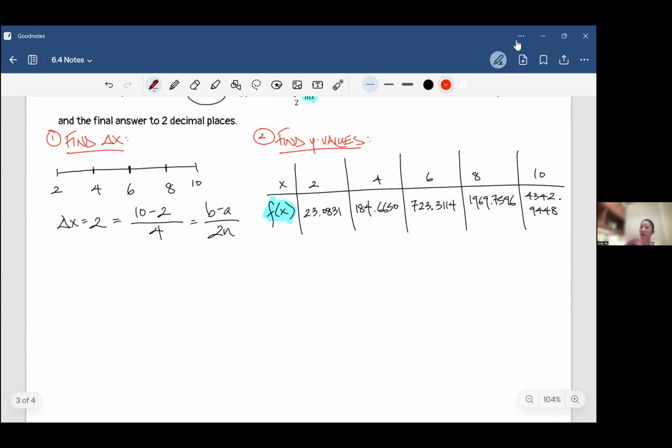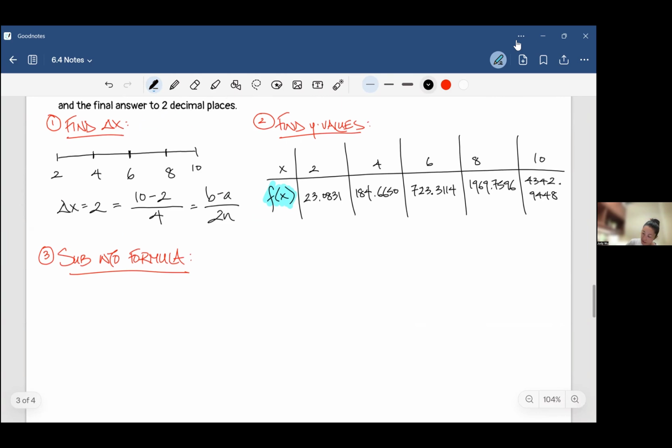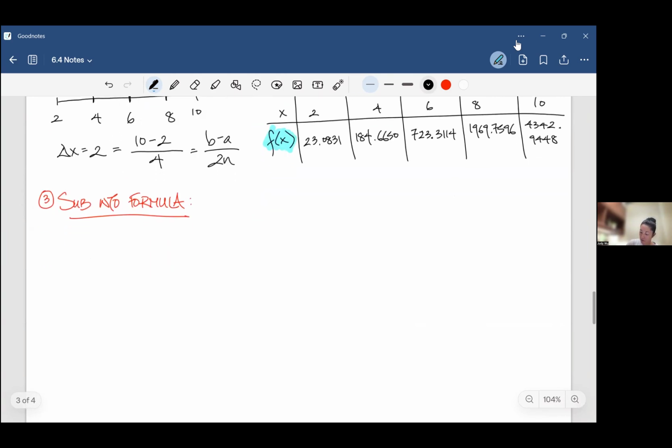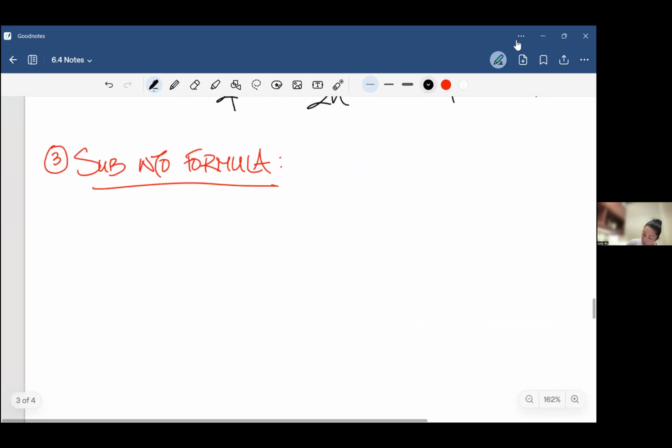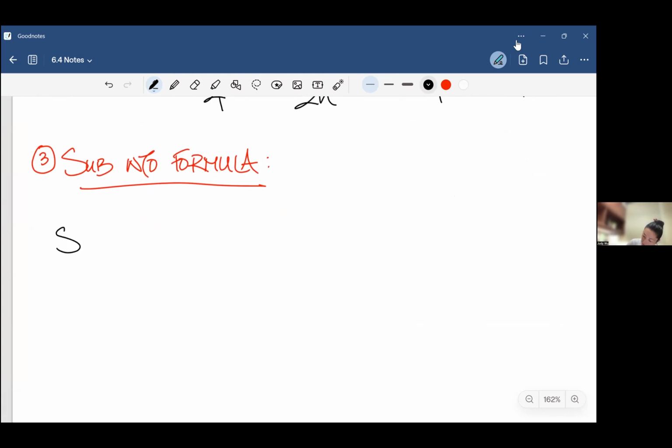So we found our delta x, we found our y values, and then step 3, we're going to sub into the formula. I don't want to write T sub 4 because this time I'm using Simpson, so I want to write S sub 4 equals.